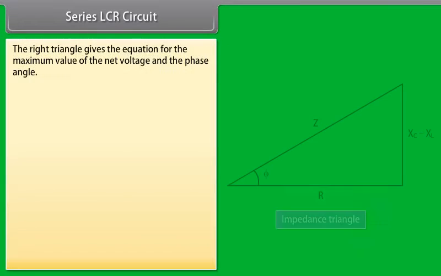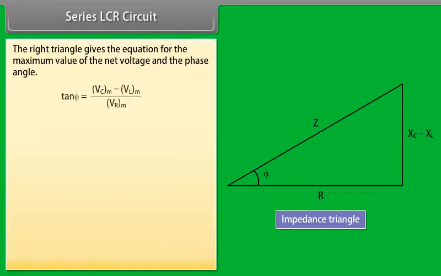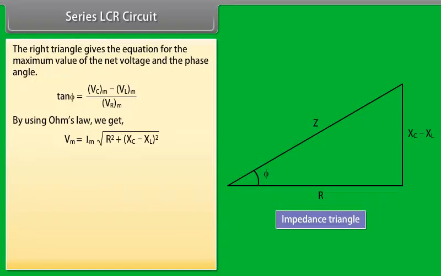By using Ohm's law, we get Vm = Im multiplied by under root of R square plus (XC minus XL) square. We get the impedance of the circuit given by Z = under root of R square plus (XC minus XL) square.